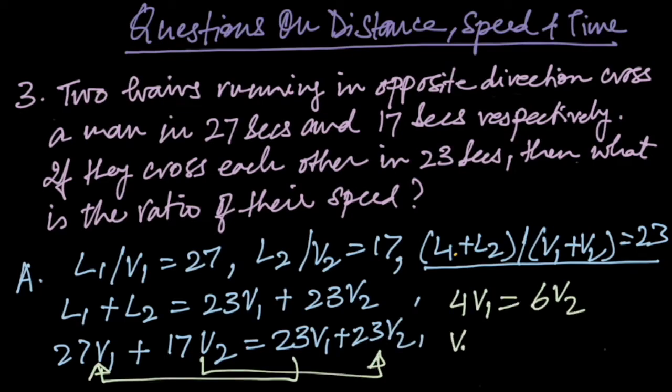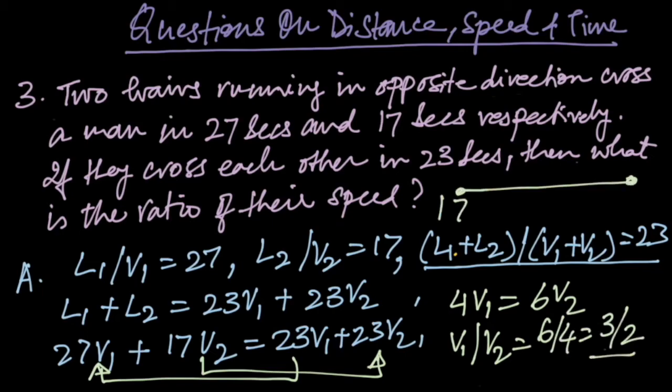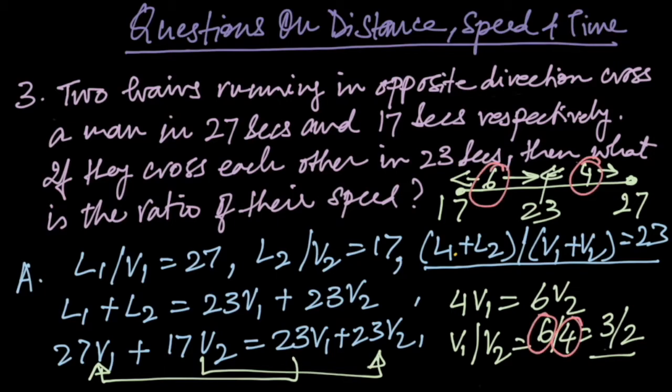we get V1 over V2 as 3/2, and there is a simpler way to solve it. So 17 seconds here, 27 seconds here, in between it's 23 seconds. So we can take the distance from this and divide to get the ratio of their speed.